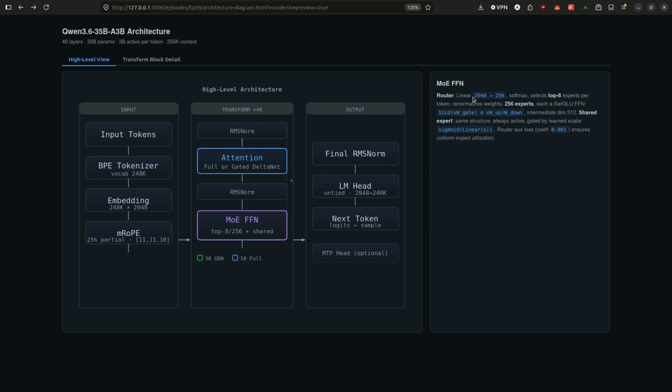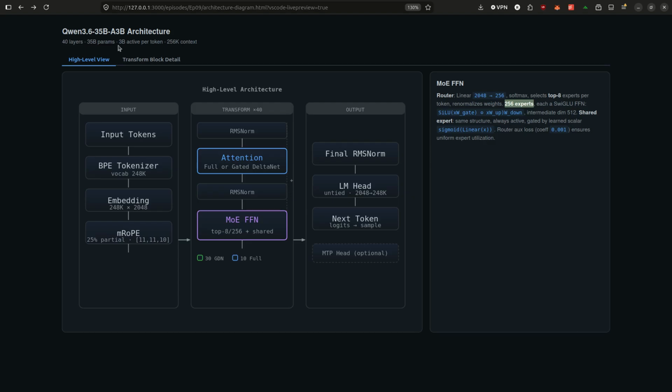In each pass, it selects the top 8 experts for each token from a total of 256 experts in some complicated way that we will understand later. And then only those 8 experts actually work on your query to produce a next token, okay? Or at least in this layer.